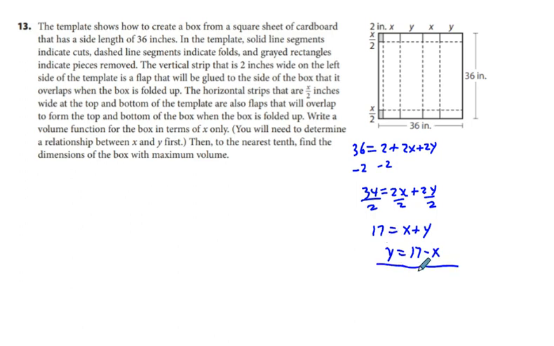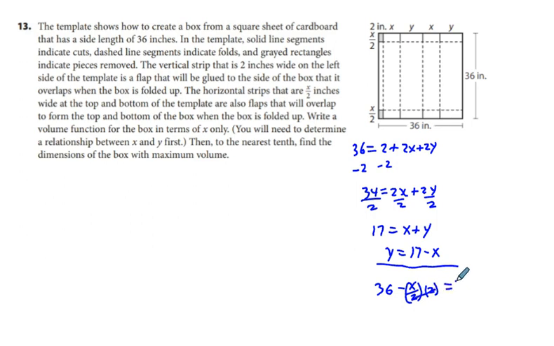So this is going to be one of our sides. Also, we have this side over here to the right, which would be 36 minus x over 2, times 2. And the 2 over 2 cancel.